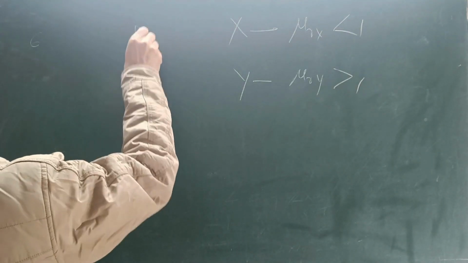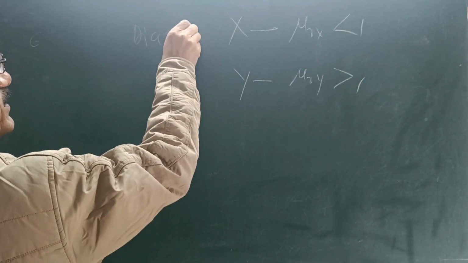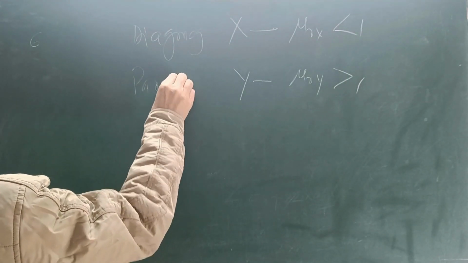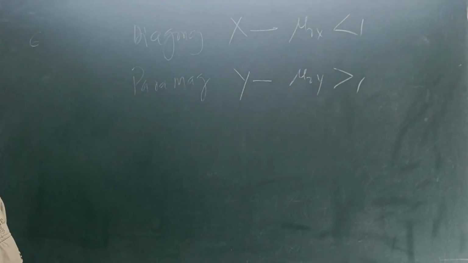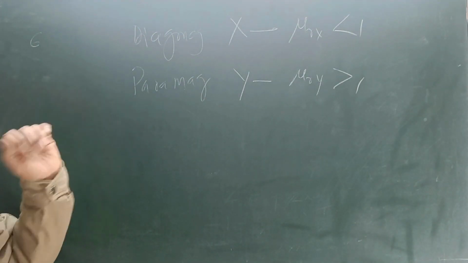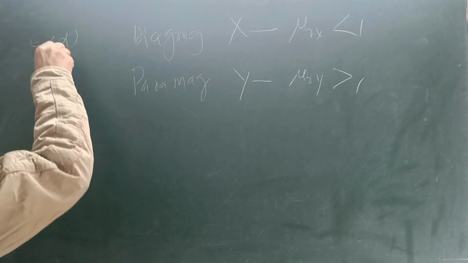So X is diamagnetic and Y is paramagnetic. So the correct option is D, X diamagnetic and Y paramagnetic.